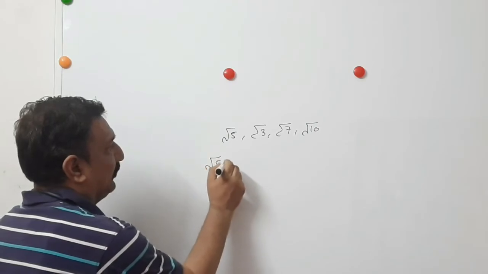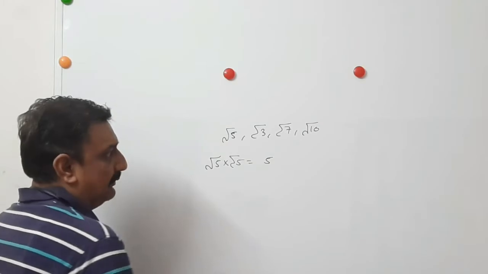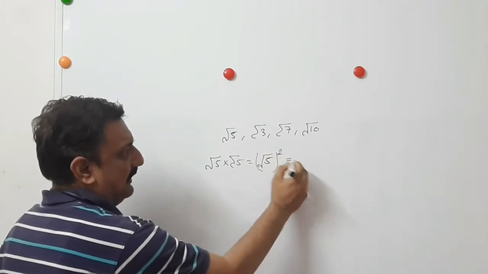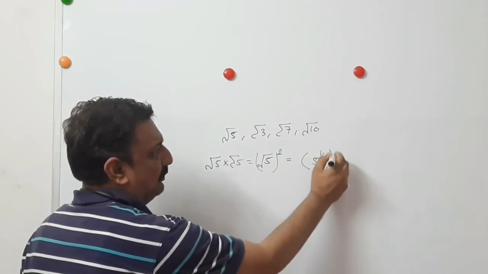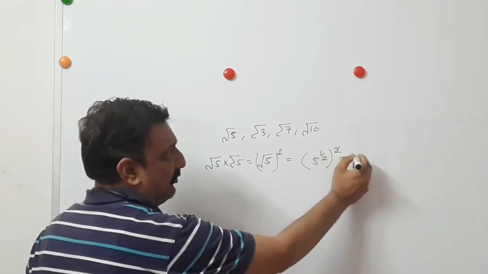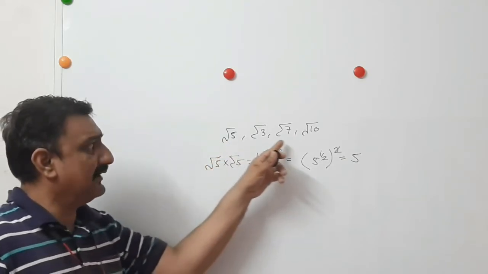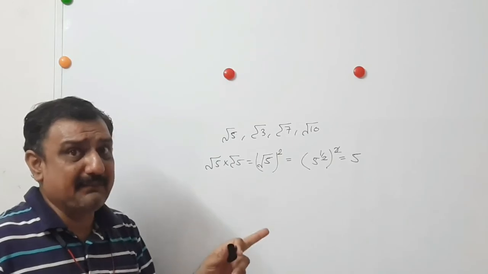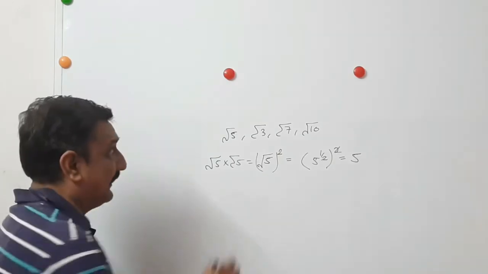Root 5 into root 5 becomes 5, because you can write it as root 5 whole square, and you know that root 5 is 5 raised to 1 by 2, into 2, the 2s cancel, so it will be 5. So whenever any irrational value is in an algebraic form, if you multiply the same form again, it automatically gets rationalized.